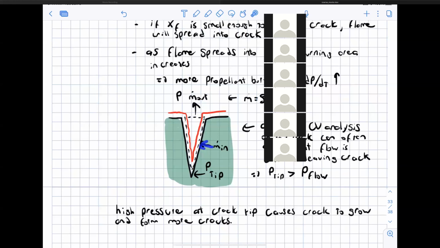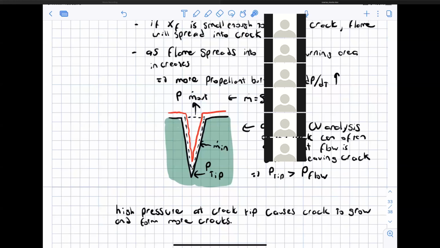So if something happens and we increase the amount of mass going in, the only choice to increase the mass going out is to increase the density, because velocity is fixed at a maximum of the sound speed and area is fixed by the geometry. And the only way we can increase the density is if we increase the pressure.